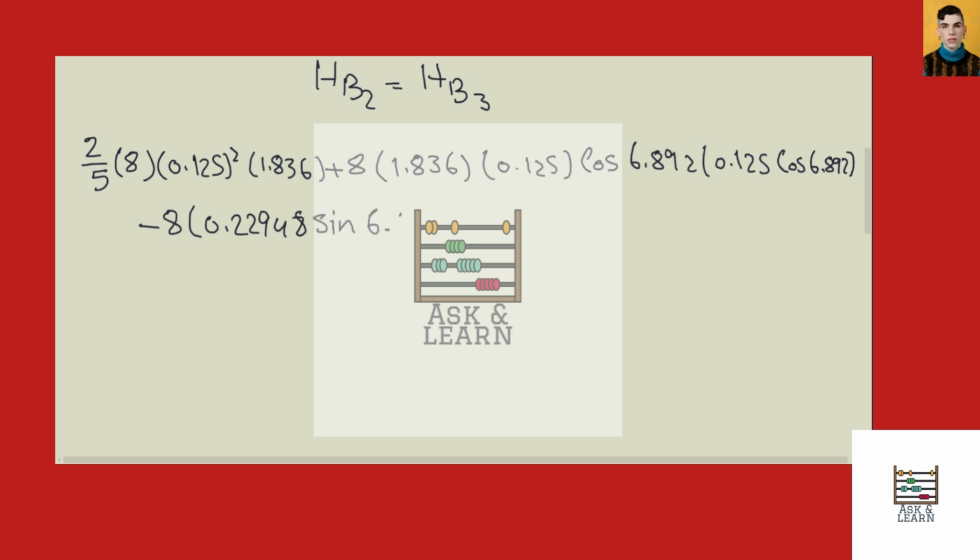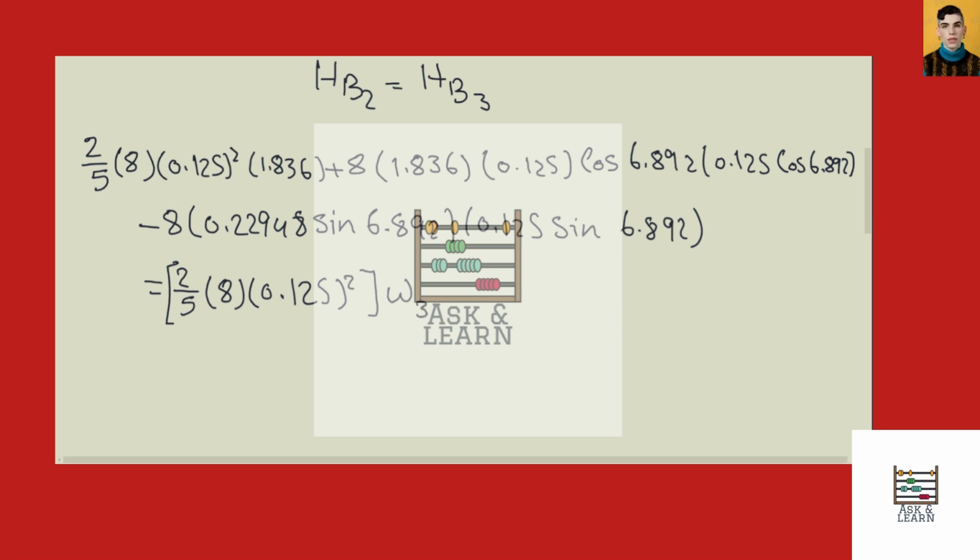sine 6.892 multiplied by 0.125 sine 6.892, which is equal to 2 over 5 multiplied by 8 multiplied by 0.125 squared, all multiplied by omega 3, plus 8 times 0.125 omega 3 multiplied by 0.125.